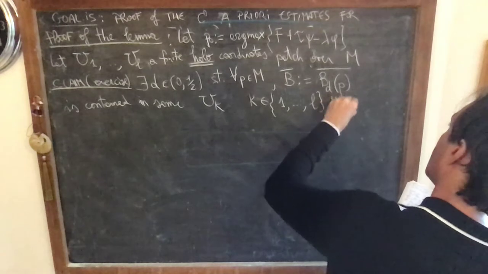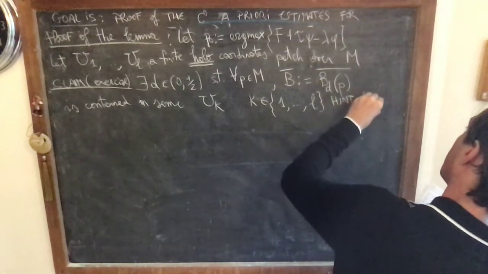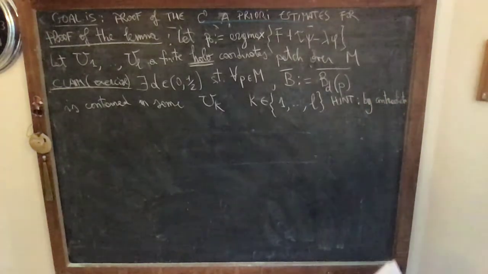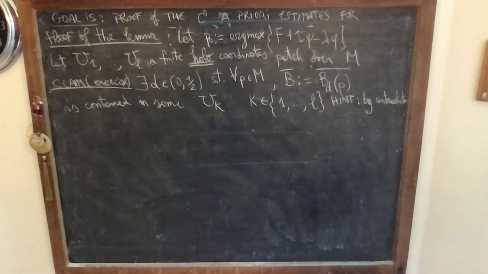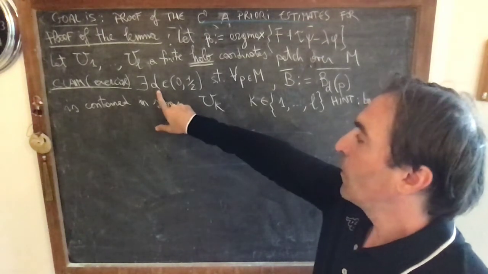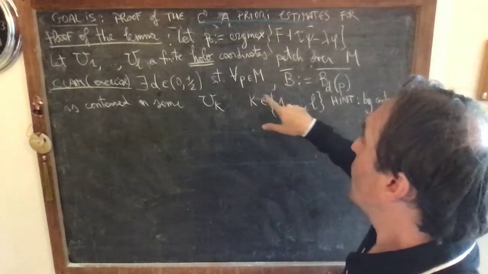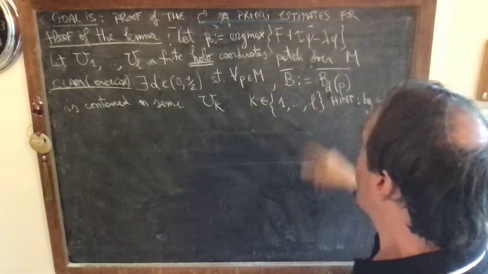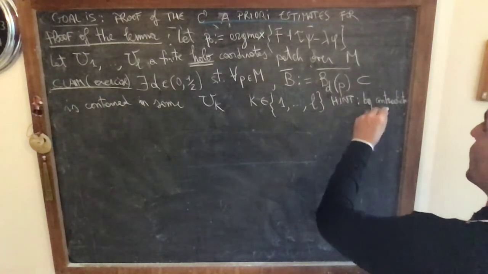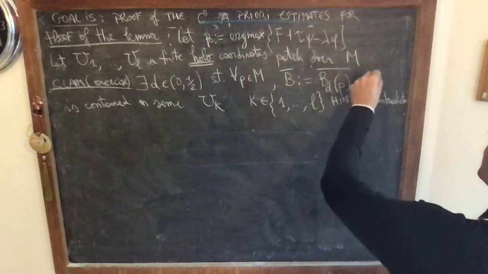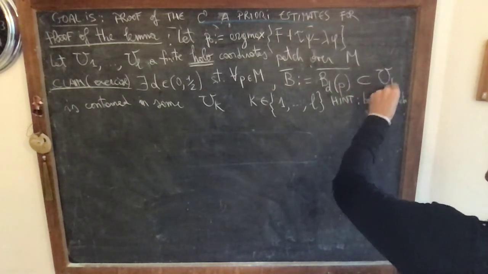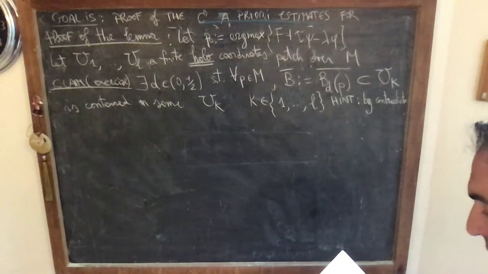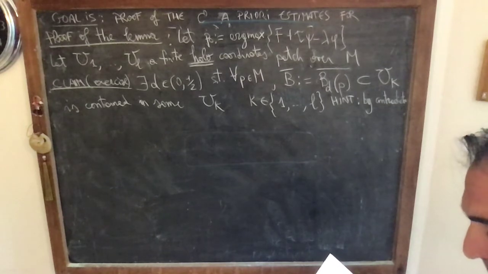Hint: by contradiction. So using the compactness of the manifold, you can say that this is a uniform radius holding for every point for which this closed ball is in at least one of the holomorphic coordinates open sets.